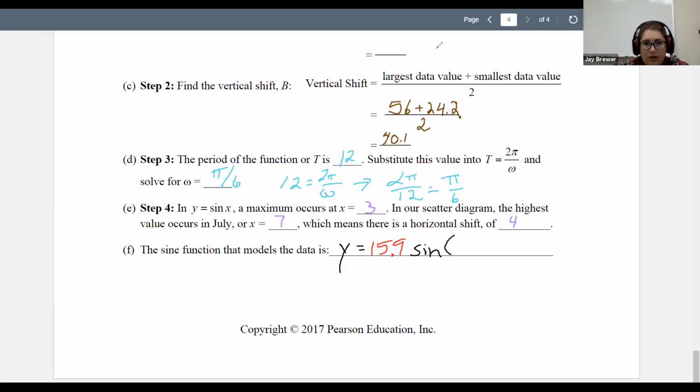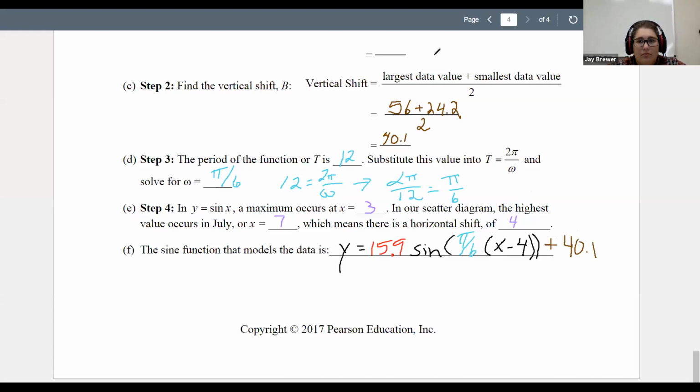Okay, our omega is pi over 6. And then it's x minus 4. And then you had a vertical shift of 40.1.